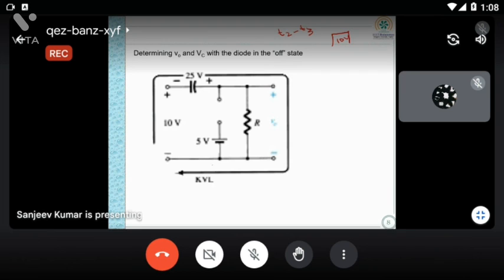Now you can see the circuit will complete like this. Now what is the output? You will get it here. So apply the KVL. 10 volt minus 25 volt minus V0 is equal to 0. So V0 is equal to 35 volt. So that's why in the T2 to T3 time period, you are getting 35 volt.